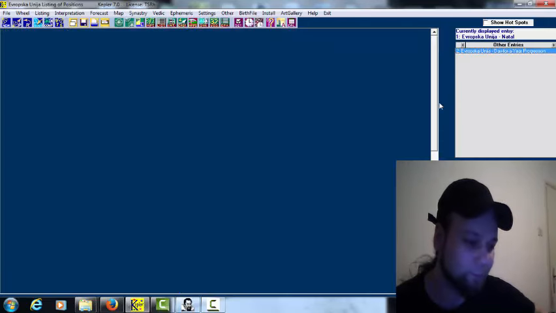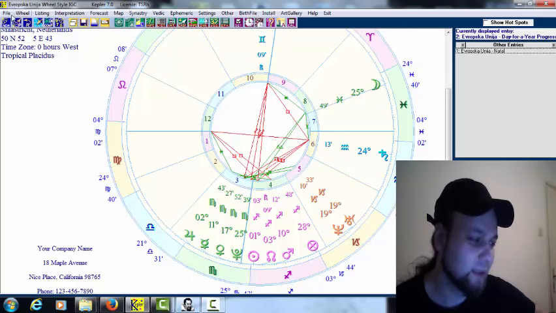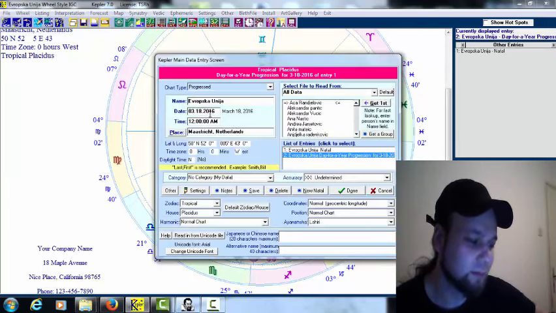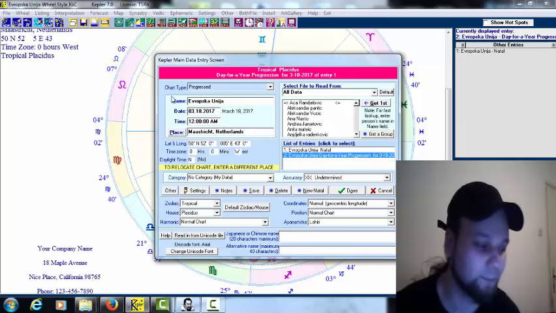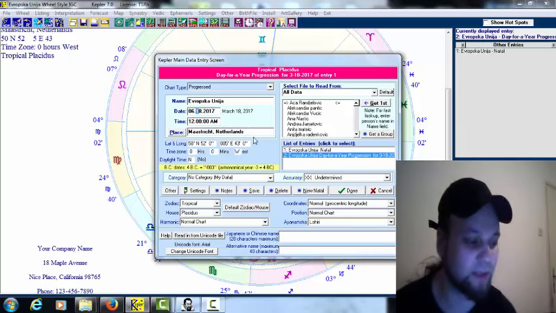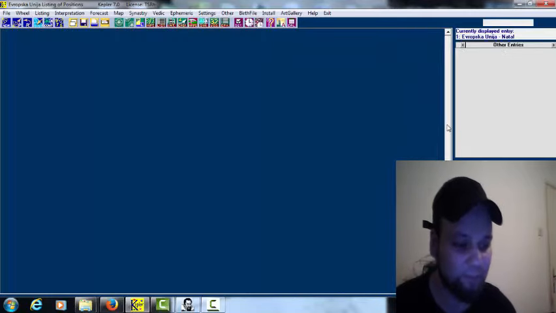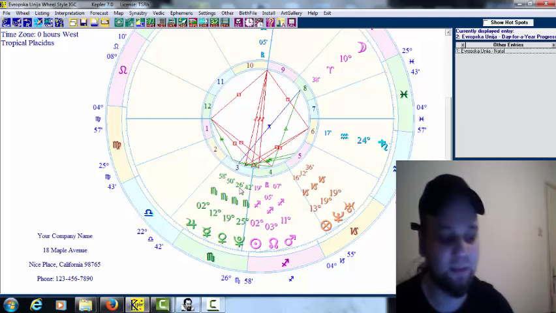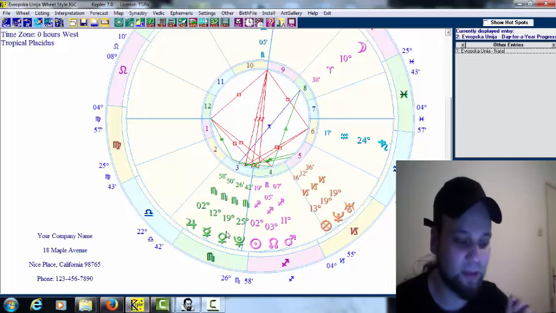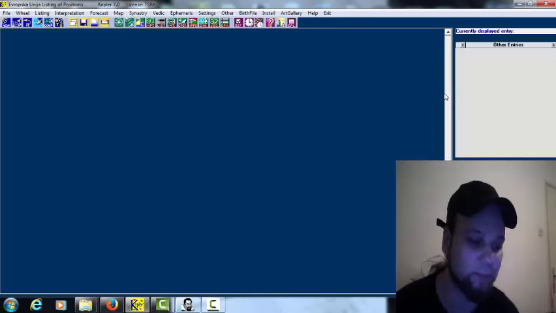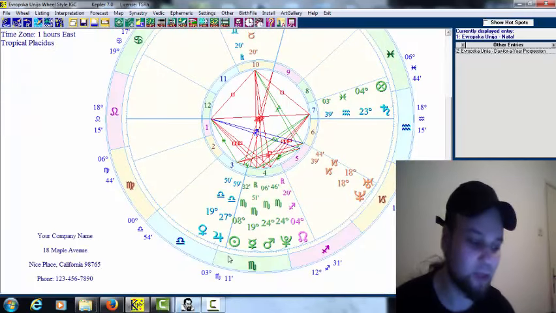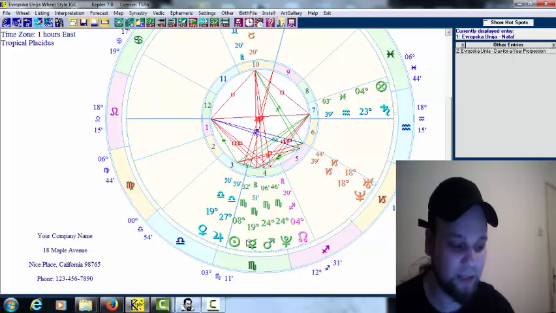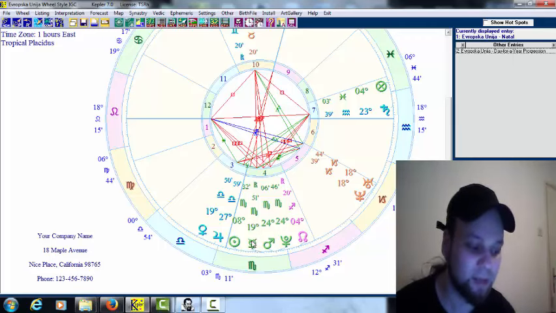if in secondary progressions we take the middle of 2017, Venus will come to 19.5 degrees, and that is the most interesting spot, because in the secondary progressions Venus will progress to an exact conjunction with the natal Mercury.